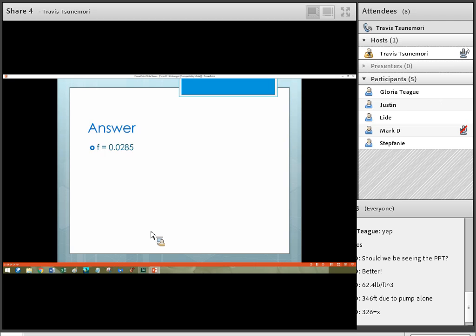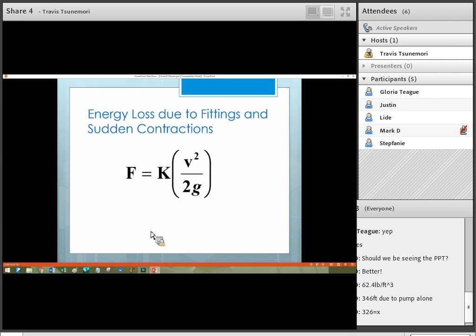Of course, that's only part of the answer, because now we have to go back and substitute that into the Darcy's equation in order to get our friction loss for the pipe.